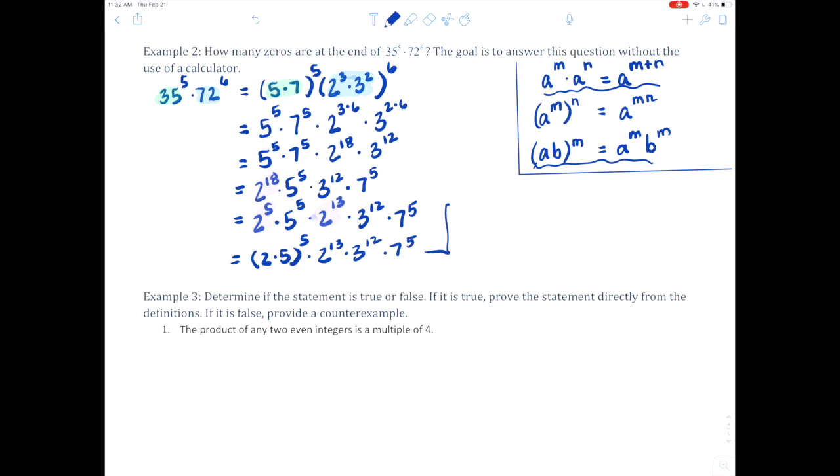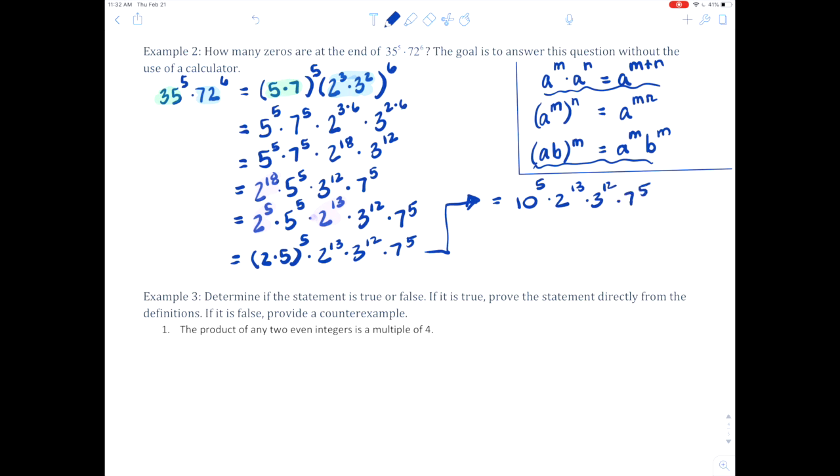And that in turn will give us 10 to the 5th times 2 to the 13th times 3 to the 12th times 7 to the 5th.